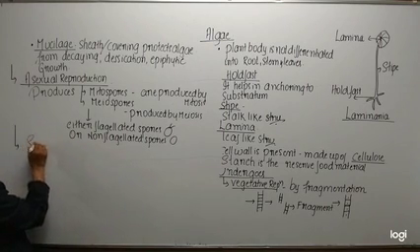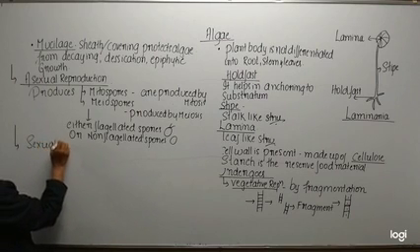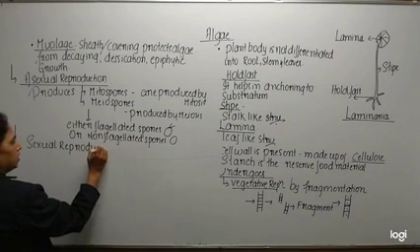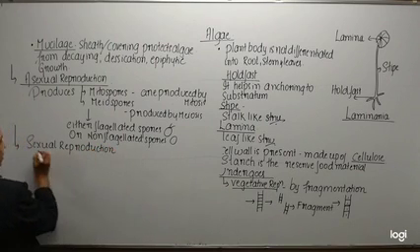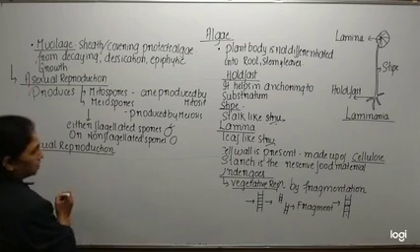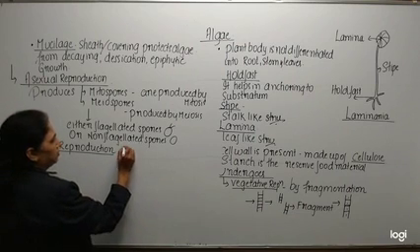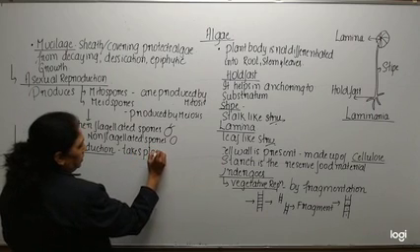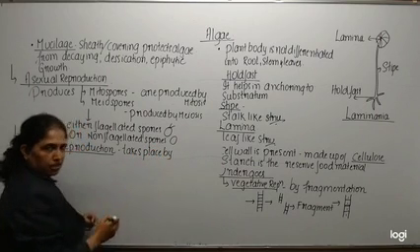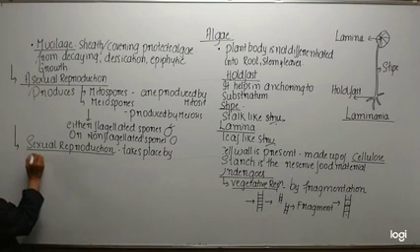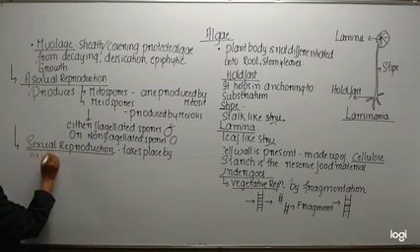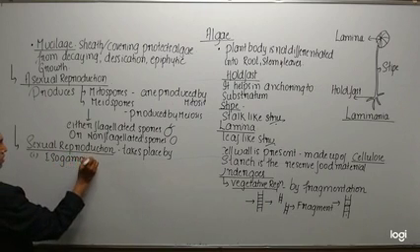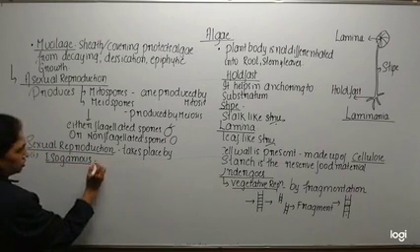It also exhibits sexual reproduction, and sexual reproduction takes place by three types. The first one is called isogamous.